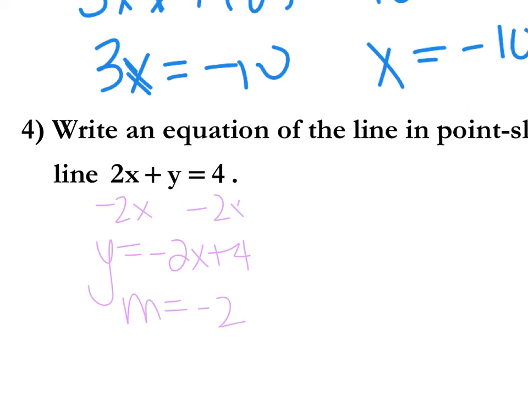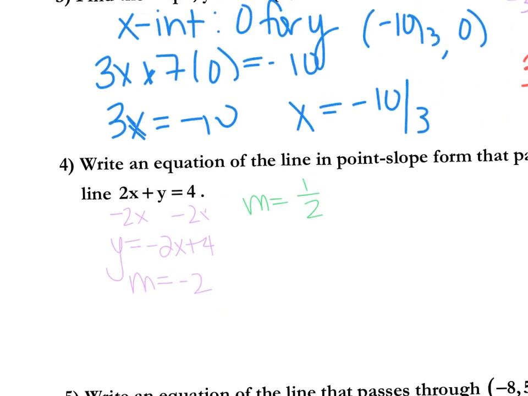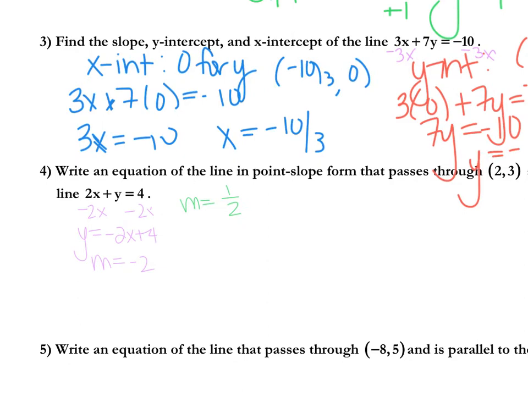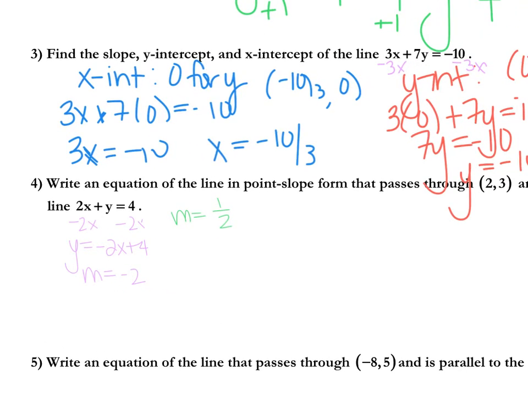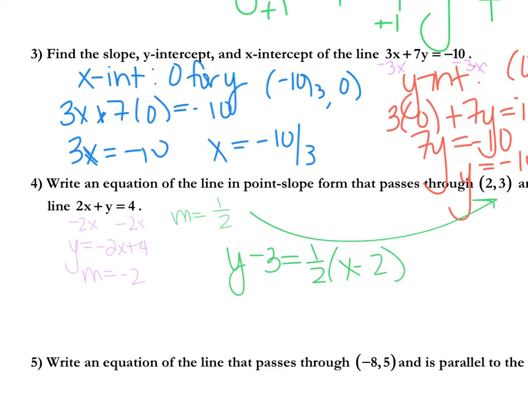But I want the opposite reciprocal, which means I need to do the opposite sign and flip it. So m equals 1/2. That's going to be the slope of my new line that passes through (2, 3). So put it in point-slope form: y minus 3 equals 1/2 (x minus 2), and you are done.